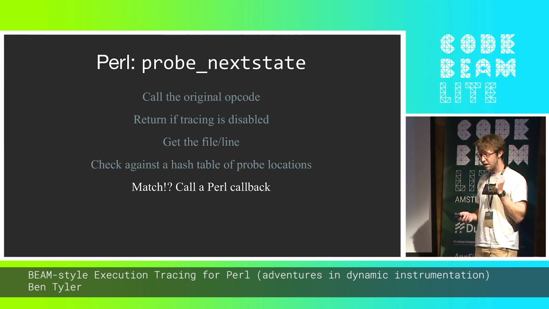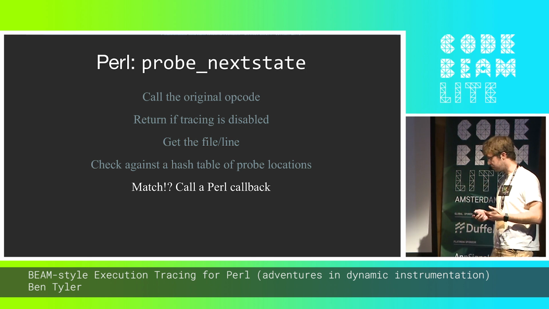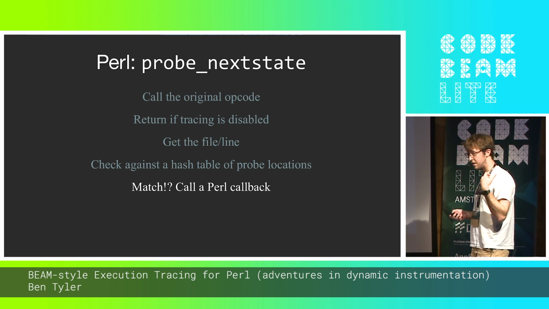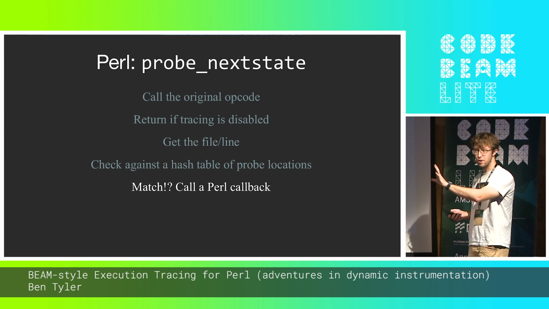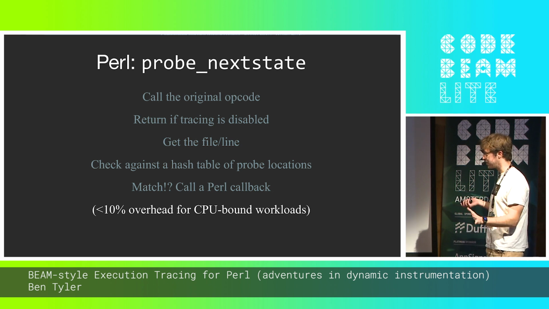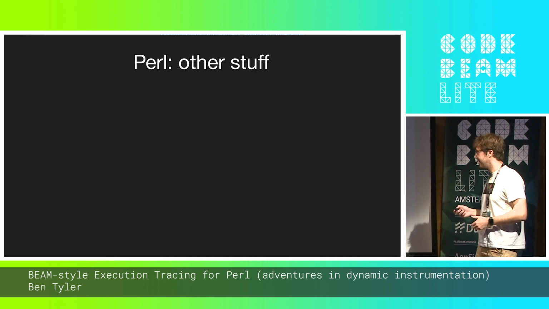If it is, I invoke a Perl callback with the data about where I am and the argument to the trace. All of the work of getting information out of the scope or sending it to the logging system can be handled in Perl rather than C. All of this sounds like a lot, but it's less than 10% overhead for things that are totally CPU-bound. So I'm like, yeah, pretty okay.